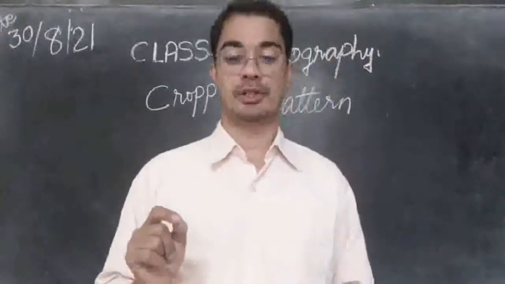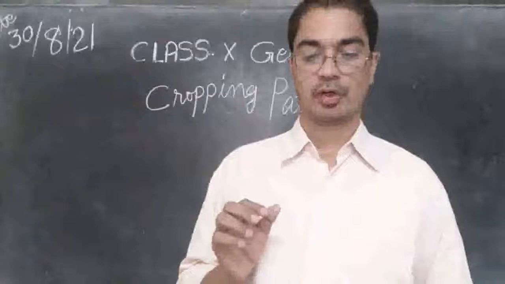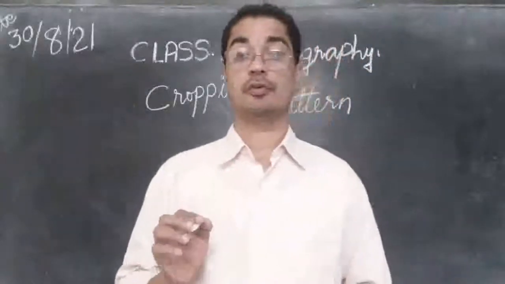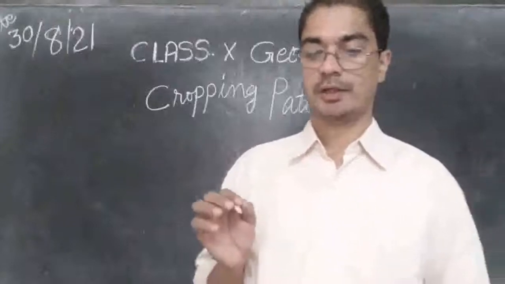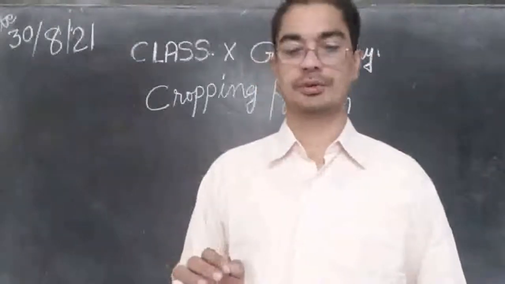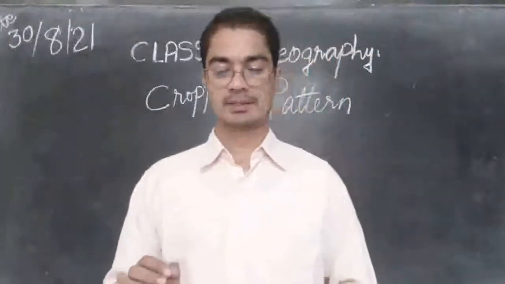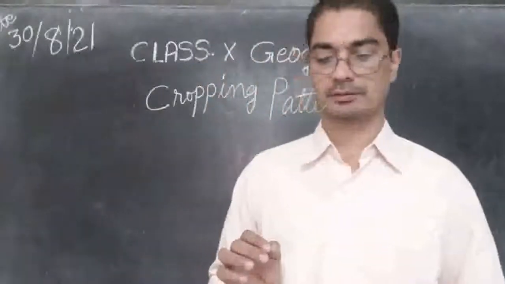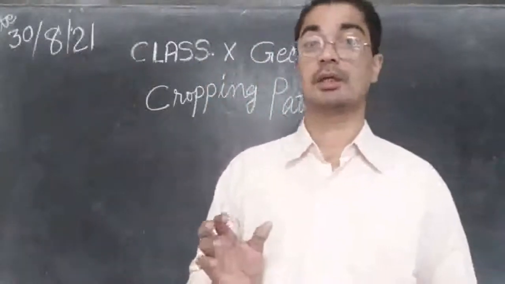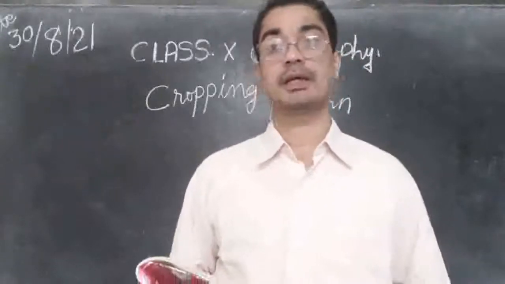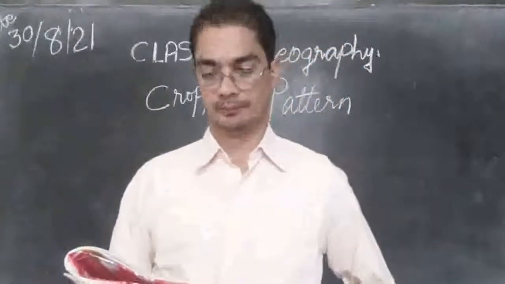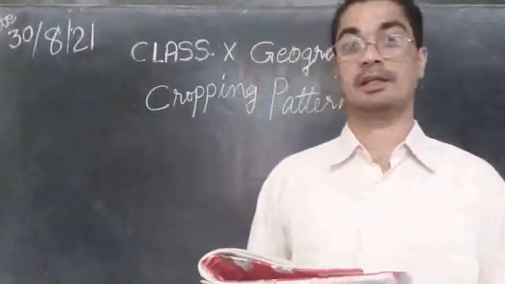You can underline in your textbook: various types of food crops and fiber crops, then vegetables and fruits, spices and condiments. So these are the various types of crops that are cultivated in our country. So underline it nicely and learn nicely.